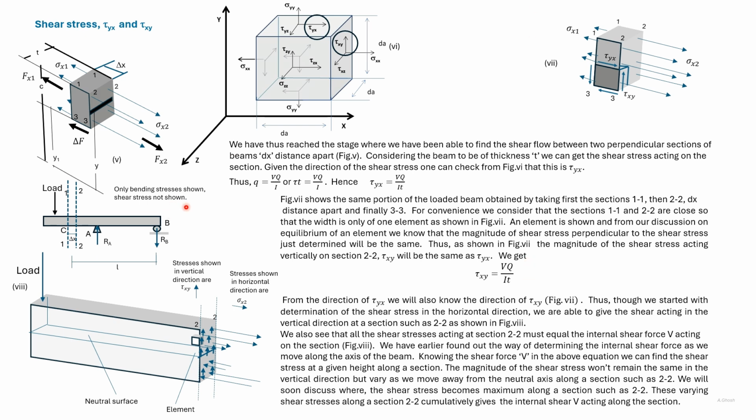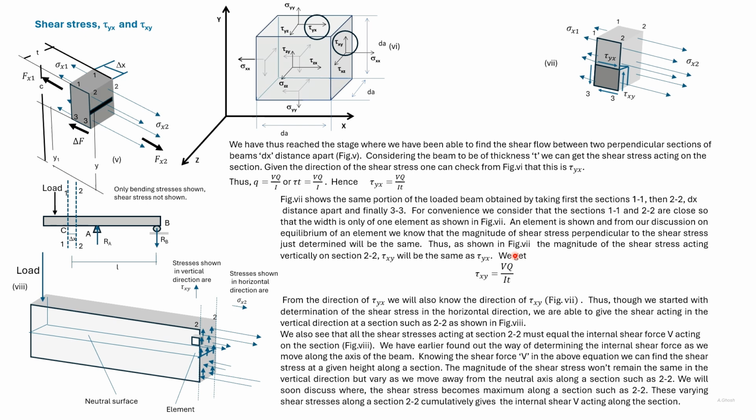Now this was the original loading diagram, and we can find the shear force acting on section 2-2. We have earlier given the internal shear force using shear force diagrams. So all these vertical shear stresses acting on section 2-2 will create that shear force. This element is shown here.